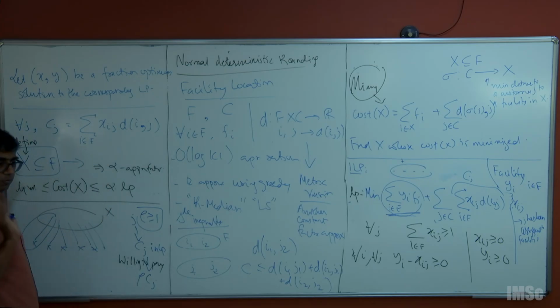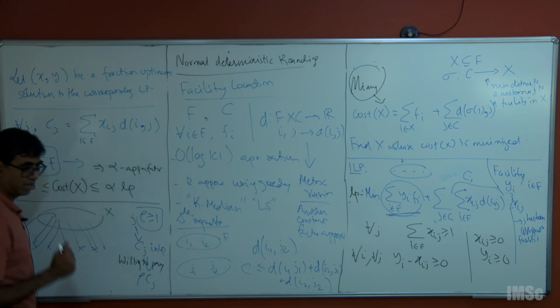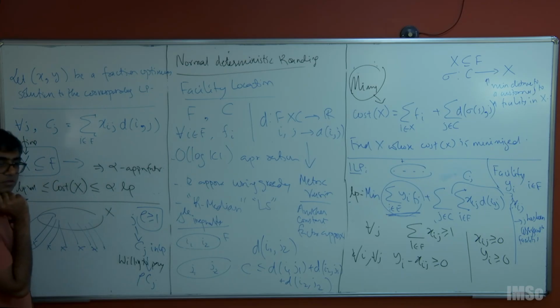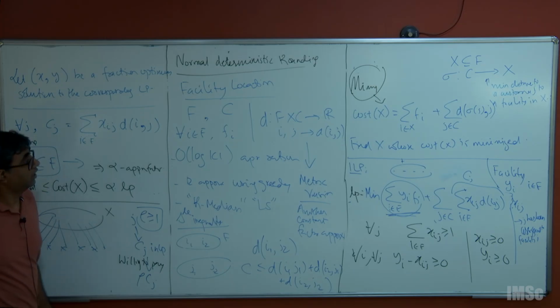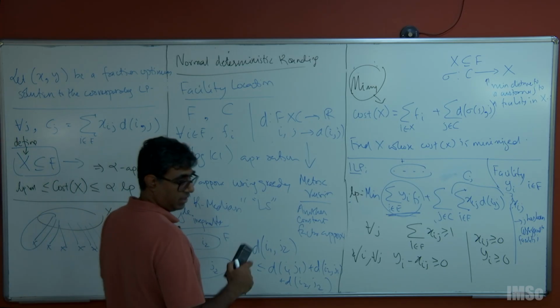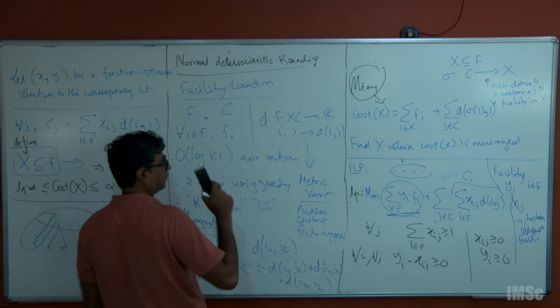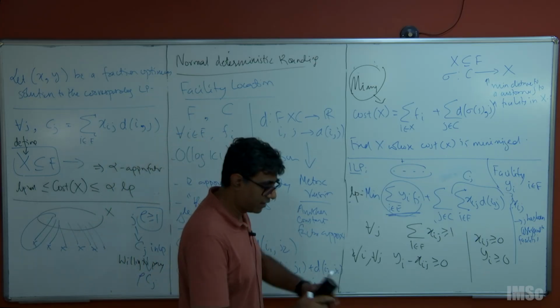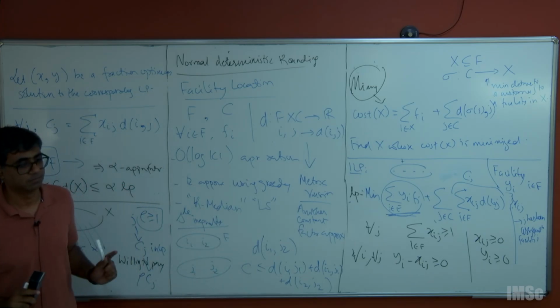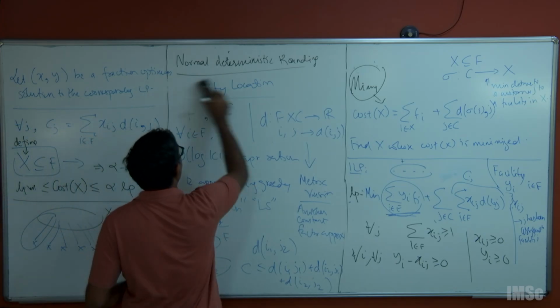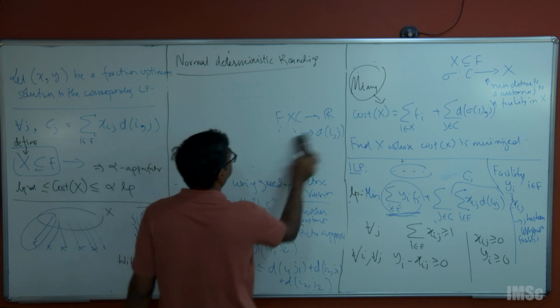So you fix this variable. I am saying, okay, I am willing to pay this much. If he is willing to pay this much, then let's see what all facilities are accessible to him and what all facilities are not accessible to him. So now let's define the notion of accessible facilities.